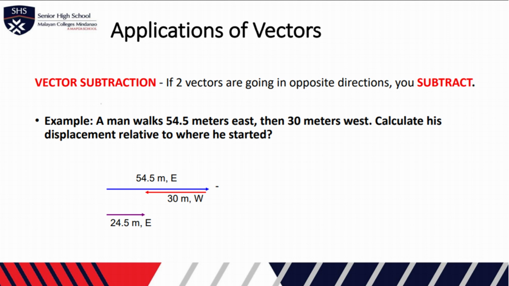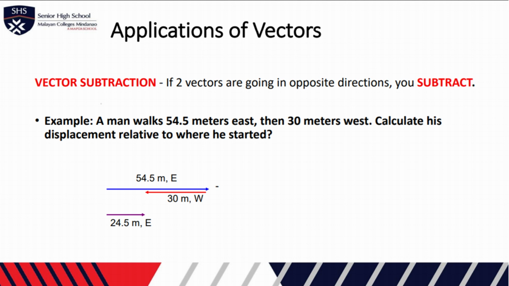Now, since the two arrows are going in opposite directions, we can use vector subtraction, enabling us to calculate his displacement. In calculating his displacement, we need to subtract the value of 30 meters from 54.5 meters.